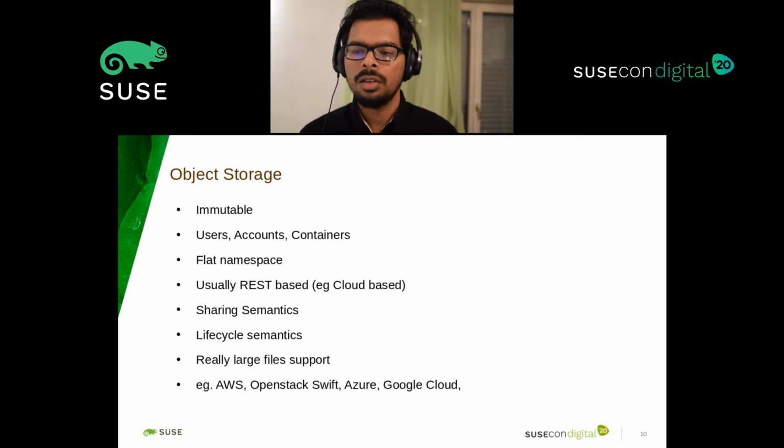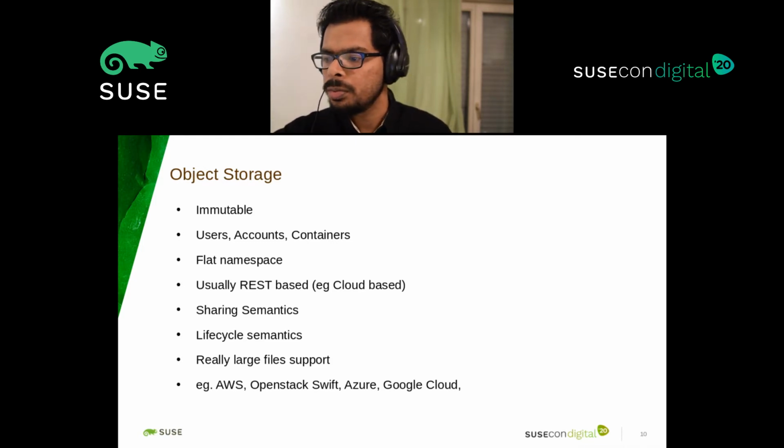And since data is present in the backend in the form of small objects, you can create really large files. For example, a movie of 2 terabytes would actually be many 4 megabyte objects. The commonest object storage protocols are AWS S3, OpenStack Swift, Azure, and Google Cloud.